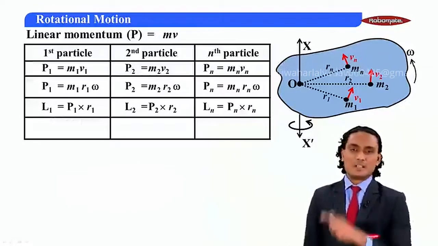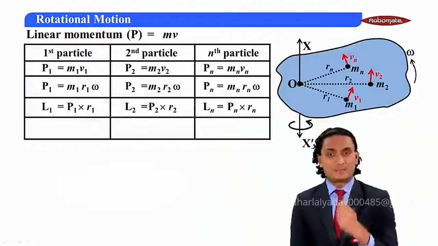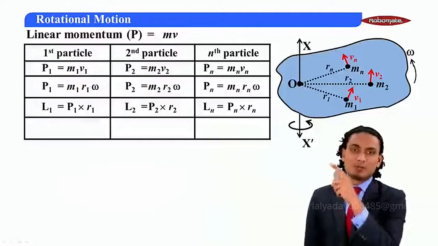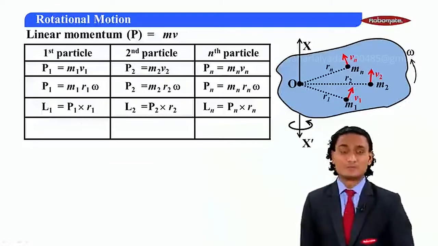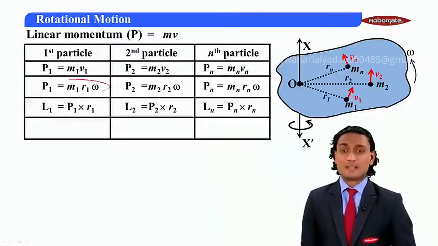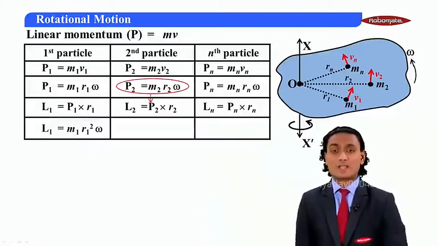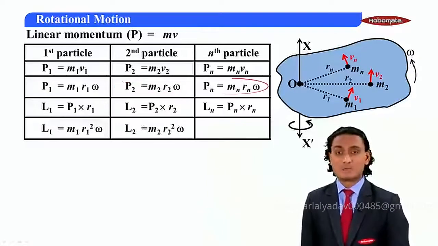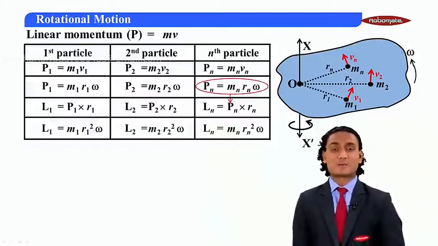Now students, we all know the linear momentum of the first particle, the second particle and the nth particle. So we can just substitute the values of the linear momentum into the expression of angular momentum. So what will we get? We will get the angular momentum of the first particle as m1 r1 square omega, the second particle as m2 r2 square omega and the nth particle as mn rn square omega.